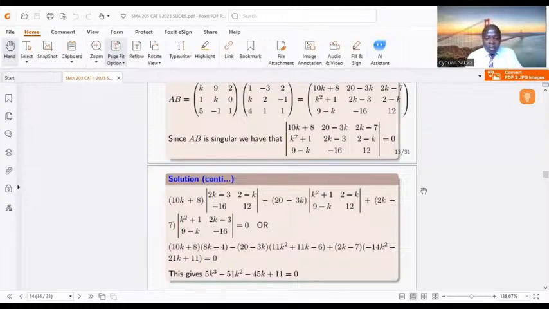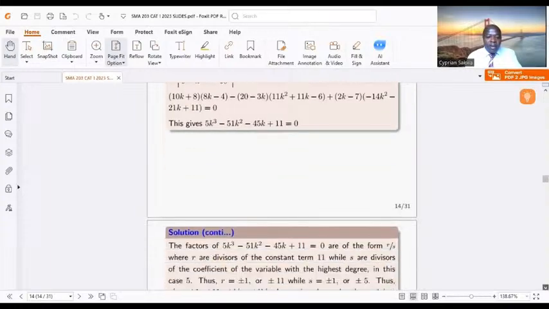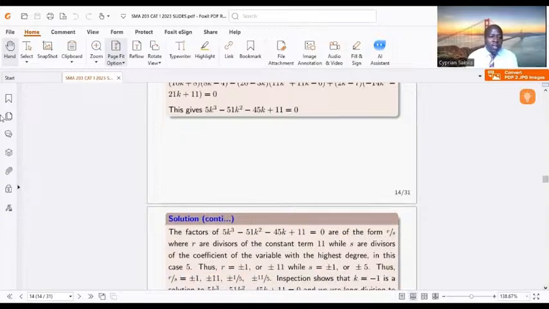Now, so once you are at this cubic equation, you want to get the factors of this cubic equation. And the factors of this cubic equation, as we had already stated in the previous example, would be written in the form R over S, where R are factors or divisors of 11.